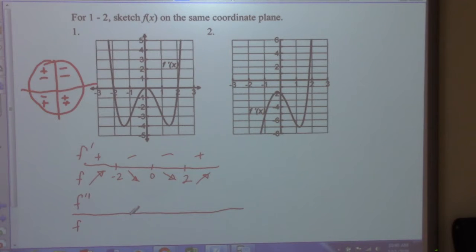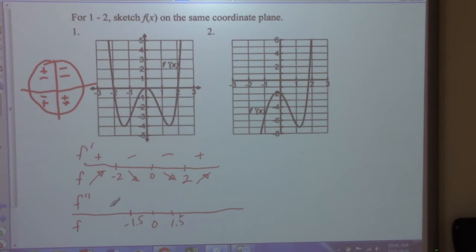So maybe negative 1.5, something like that, and 0, and then maybe positive 1.5. I mean, that's approximately right. Maybe it's 1.4. We don't know exactly what it is.